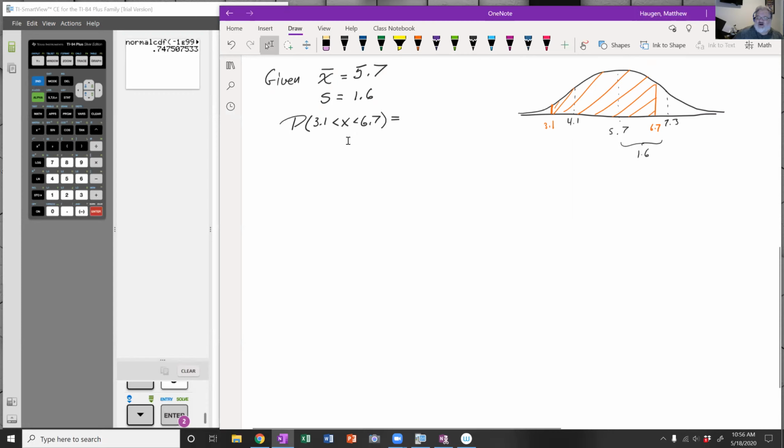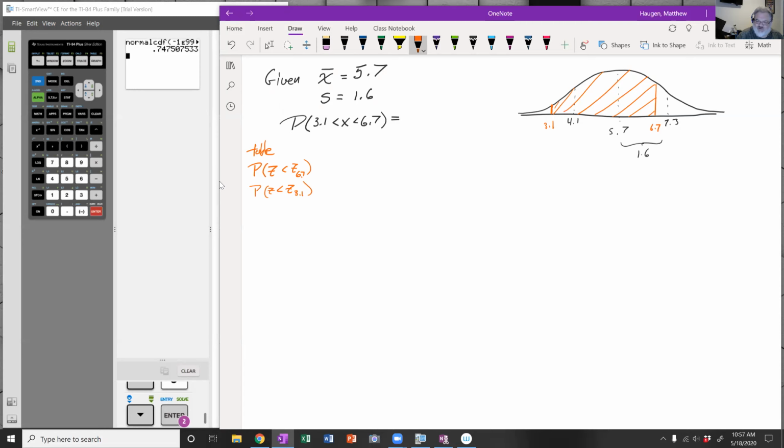And again, we could find, using our tables, and I kind of miss it because I like it, our z-score and find the probability that the z-score is less than whatever the z-score is that we get for 6.7, and then find the probability that the z-score is less than whatever the z-score is for 3.1.